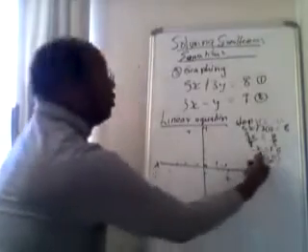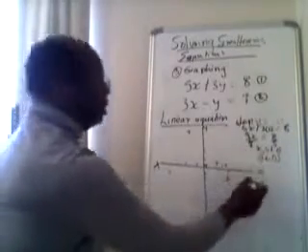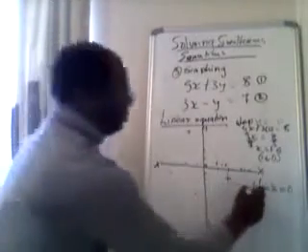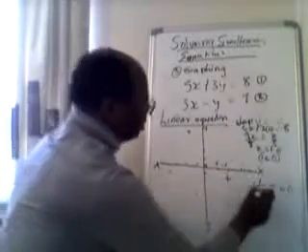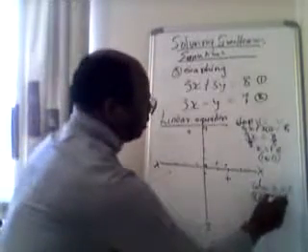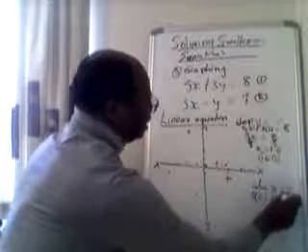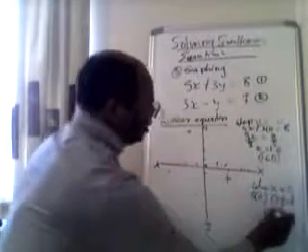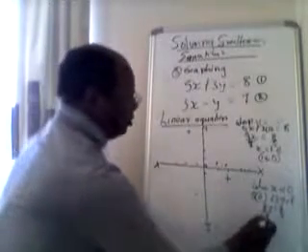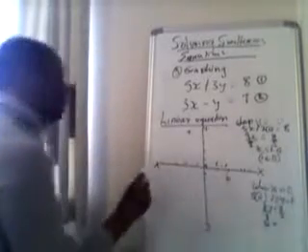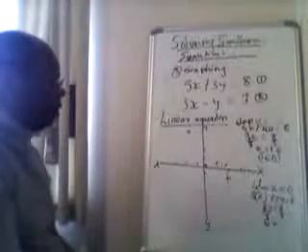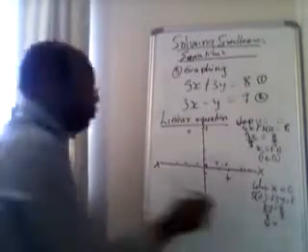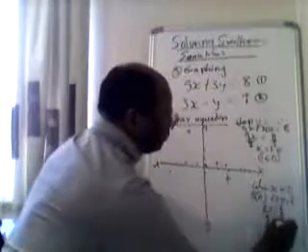The next point, because you need 2 of these coordinates, is when x equals 0. Again, you substitute: 5 times 0 because x is 0, plus 3y equals 8. So this is 0 and you have 3y equals 8. You divide by 3 on both sides, so y equals 8 divided by 3, which gives 2.666, so roughly 2.7.